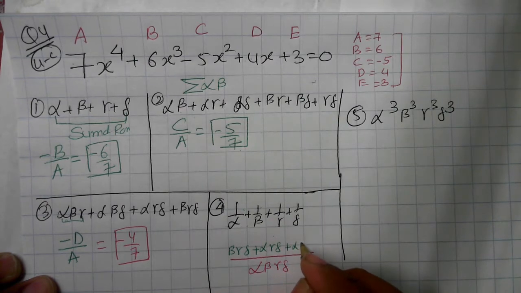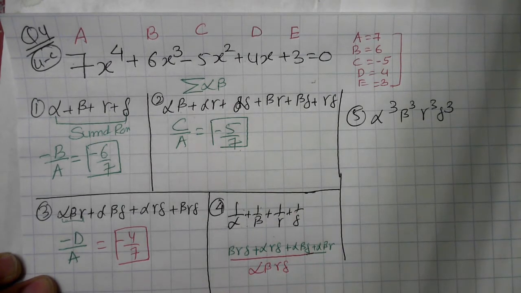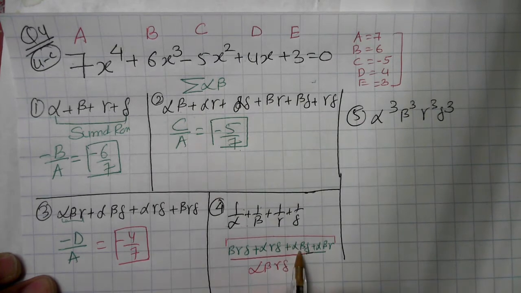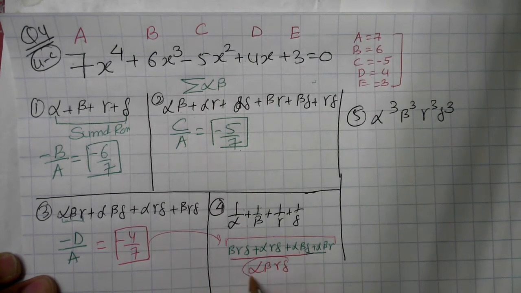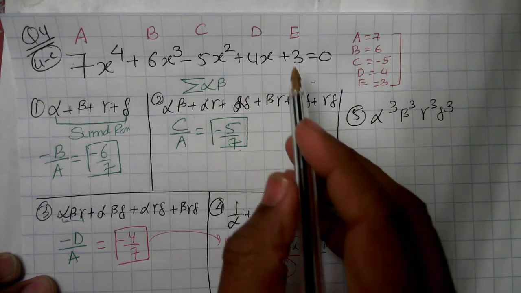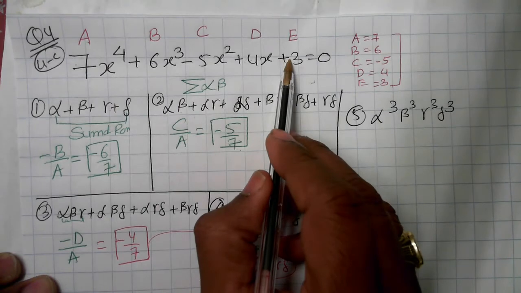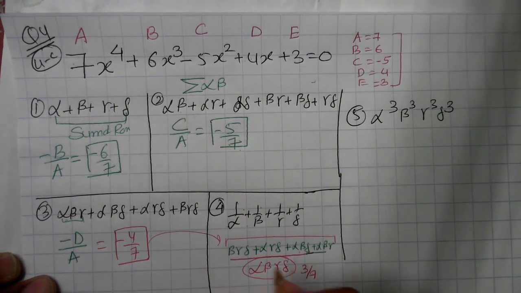And I get alpha, beta, gamma for the fourth one. And this is nothing but adding, taking 3 at a time, which is this one. So I just put this value on the top and put this value, the product of the roots, which would be plus, minus, plus, minus, plus. It will be e over a, which is 3 over 7 at the bottom and minus 4 over 7 on the top. Simplify that.